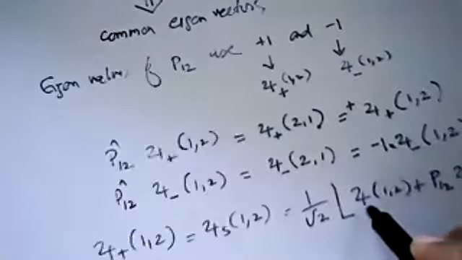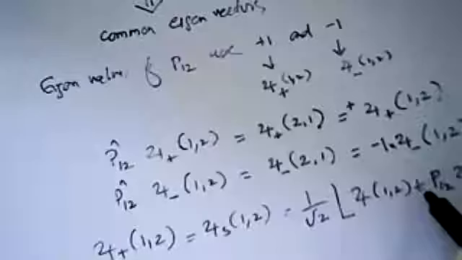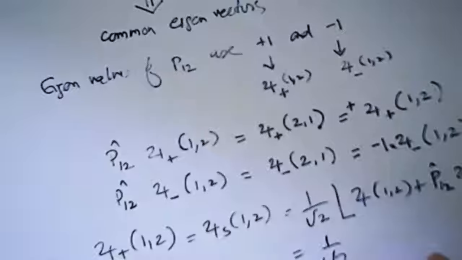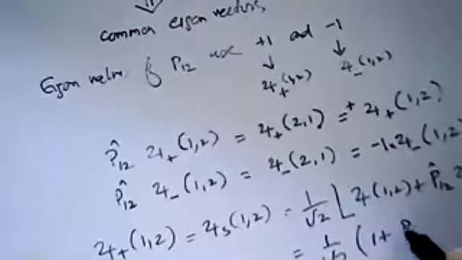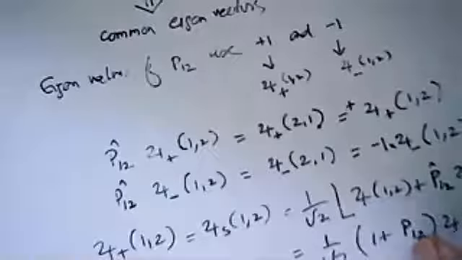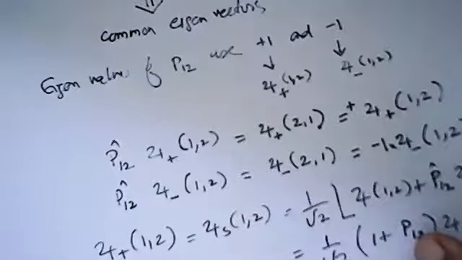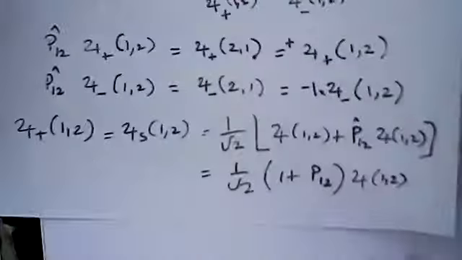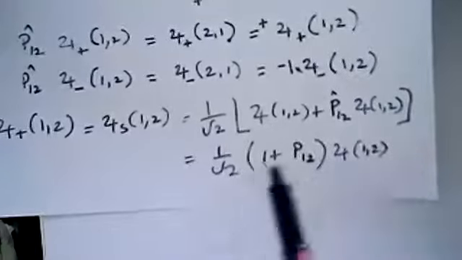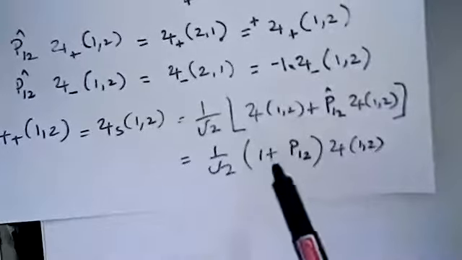So this is 1 by root 2 into 1 plus P12 acting on psi of 1, 2, since psi of 1, 2 is common and can be taken outside. So psi s can be written in this way.